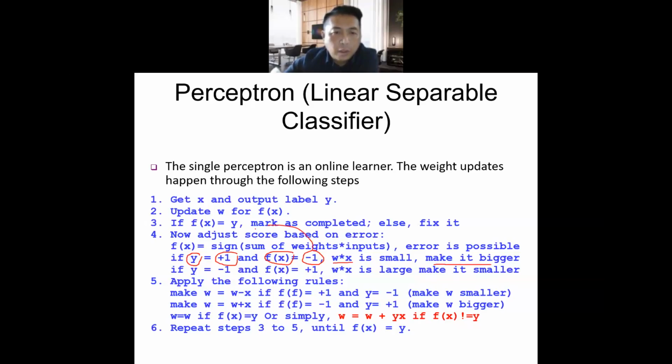So you make it +1. But if your true label is -1 and your predicted one is +1, you want to make it smaller. This is how you make it smaller, and this is the formula.